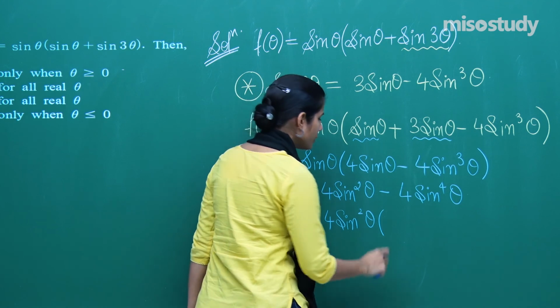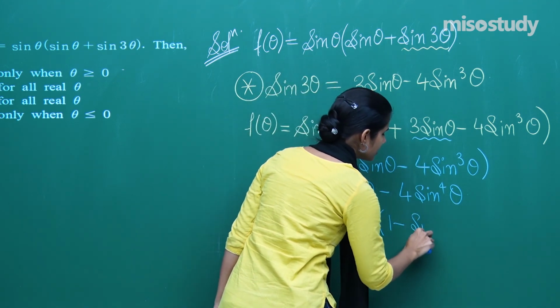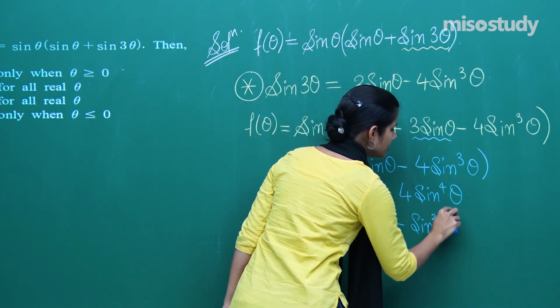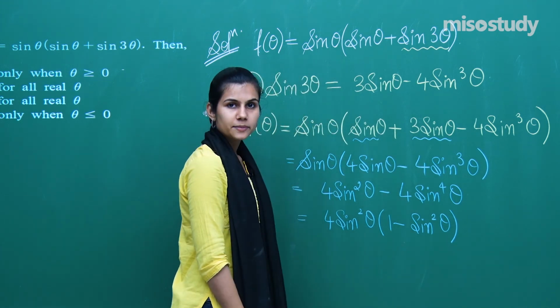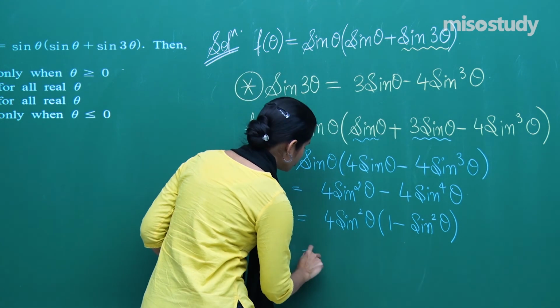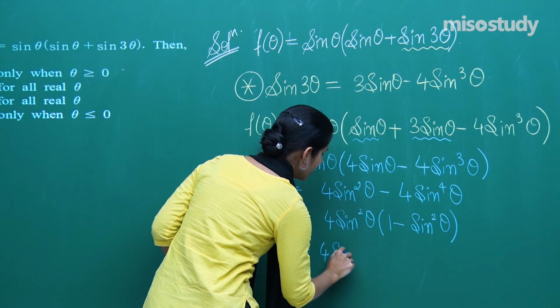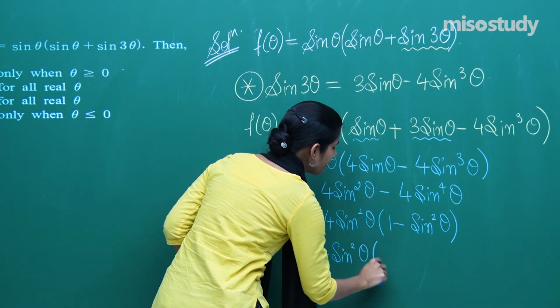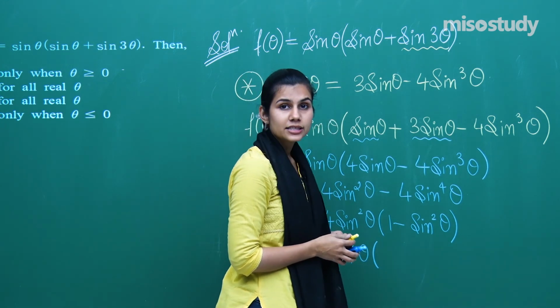After that, you're left with 1 minus sine square theta. And this expression, if I am not wrong, reminds me of another identity.